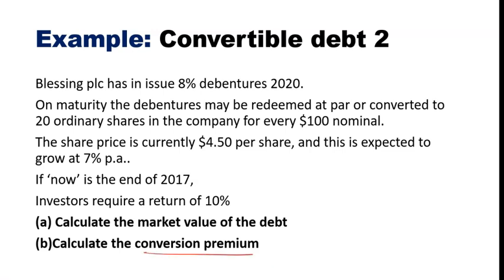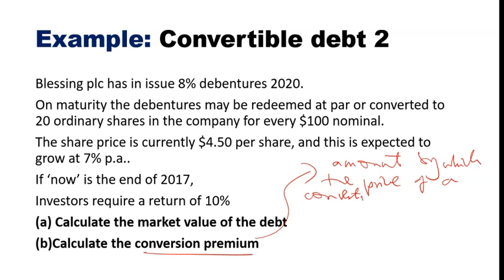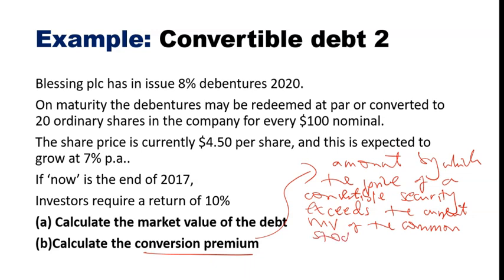Basically, when we are talking of the conversion premium, this is the amount by which the price of a convertible security exceeds the current market value of the common stock into which it may be converted.